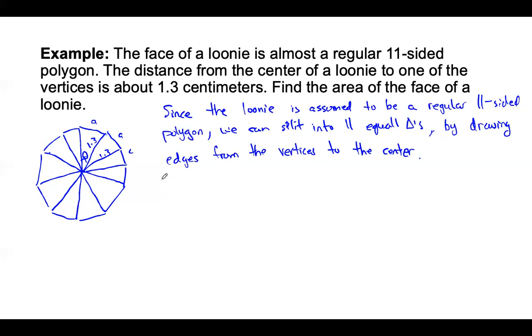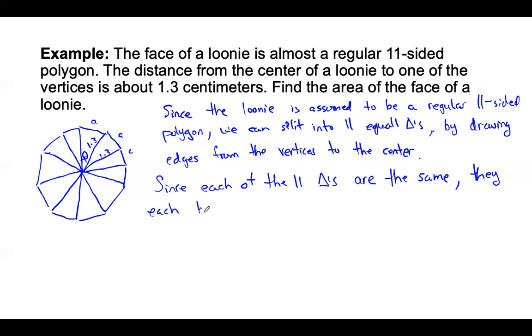Since each of the 11 triangles is the same, they each have an angle theta, which is of course 360 degrees divided by 11.